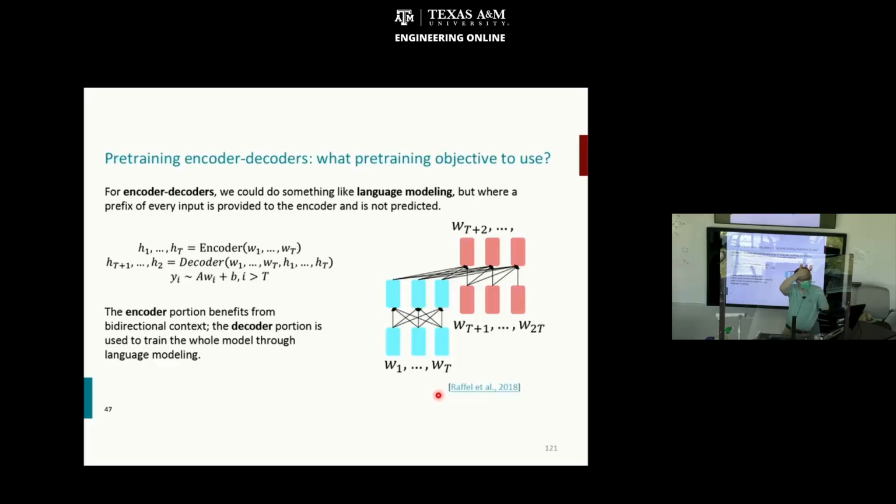What pre-training objective to use? Remember, this is something like optimization. You have to provide the data. You have to introduce a task that can be translated into a loss or objective function. So what objective function or loss function to use? Again, pay attention to which one is encoder and which one is decoder.